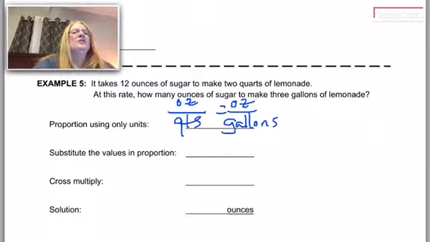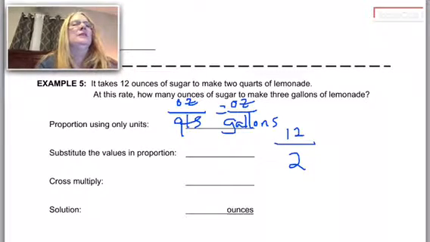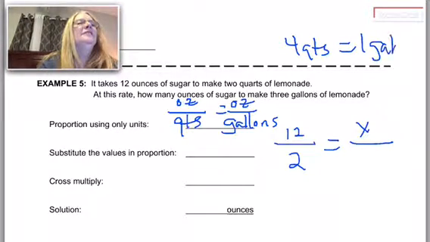Okay, so let's look at our proportion. 12 ounces of sugar to make 2 quarts of lemonade. At this rate, how many ounces of sugar, so the sugar's on the top, to make 3 gallons? Okay, there are 4 quarts equal to 1 gallon.